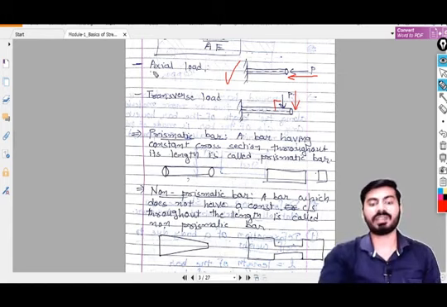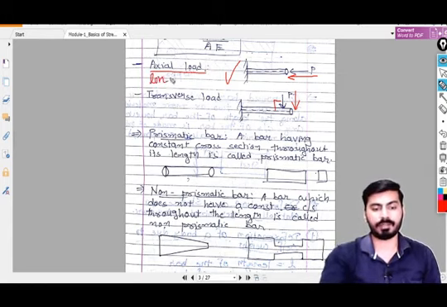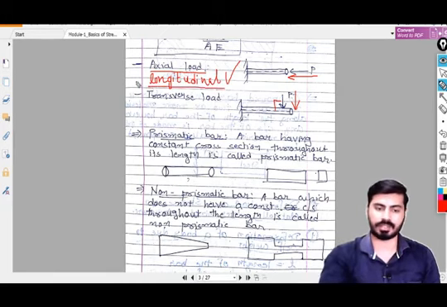Another name for the axial load is a longitudinal load. You can remember both names, because in your examination they can use any name in order to confuse you. If you know those names, then you will be able to solve those examples. So longitudinal is nothing but axial.